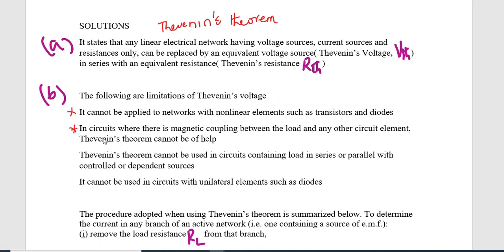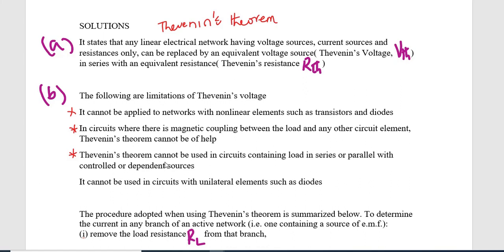Number 2, in circuits where there is magnetic coupling between the load and any other circuit element, Thevenin's theorem cannot be of any help. For example, where you have inductive coupling, or any kind of magnetic coupling, Thevenin's theorem cannot help you to analyze such a circuit.